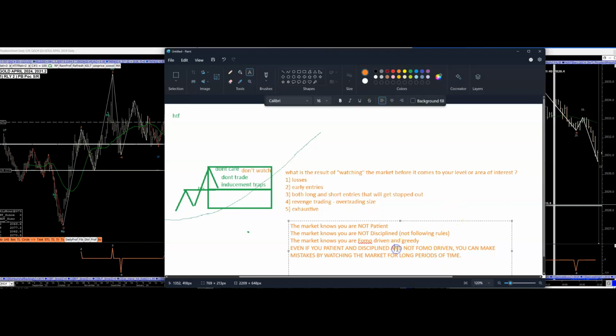Meaning the first hour, the second hour, the third hour, the fourth hour, at lunch, after lunch, the fifth hour, the sixth hour. If you are watching the market for long periods of time, it will break you down.